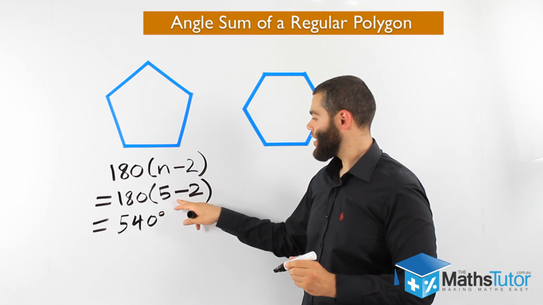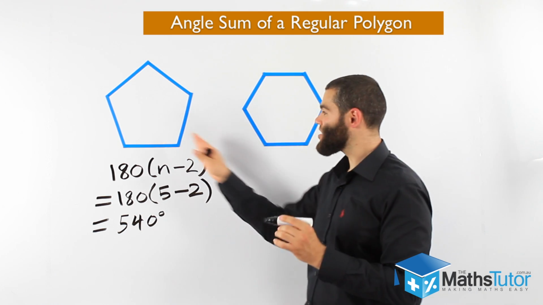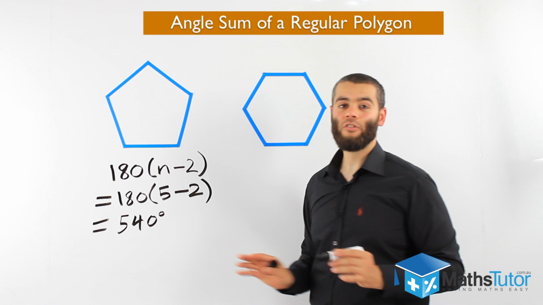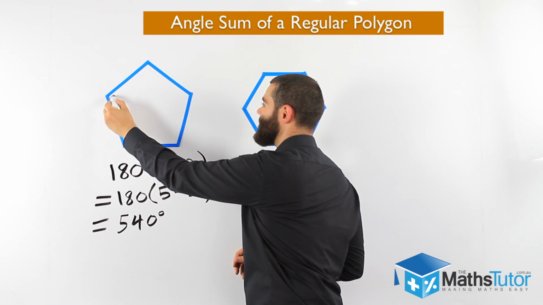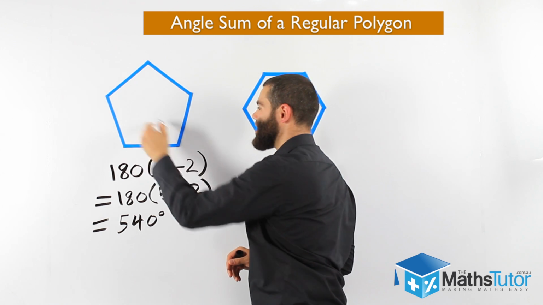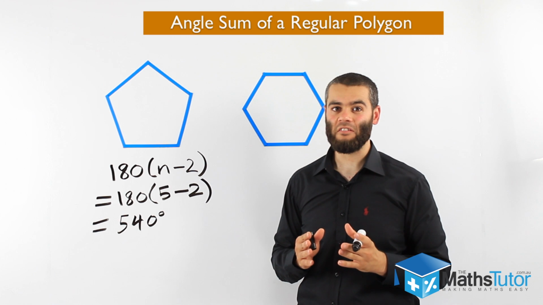So 5 take away 2 is 3, times 180, 540 degrees. So the angle sum of this pentagon is 540 degrees. That means this angle plus that angle plus that angle plus that angle plus that angle, all 5 angles added together, add up to 540 degrees.